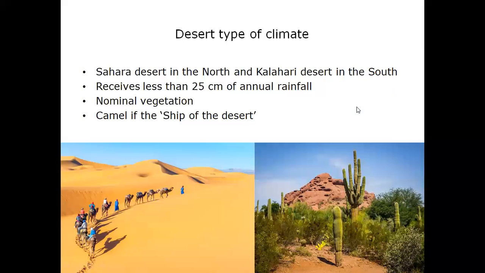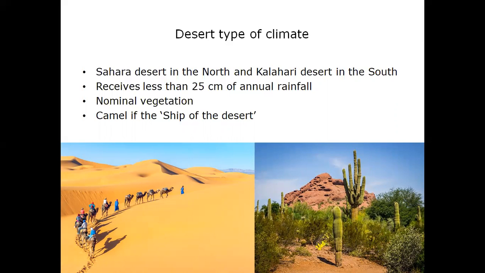Okay, now let's look at the desert type of climate. The Sahara Desert in the north and the Kalahari Desert in the south have this type of climate, which receives less than 25 centimeters of annual rainfall, and the vegetation here is nominal or very less.